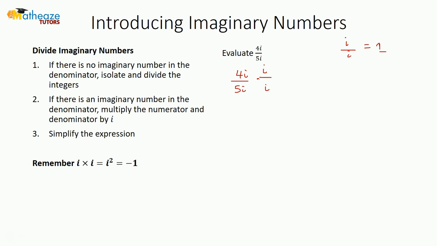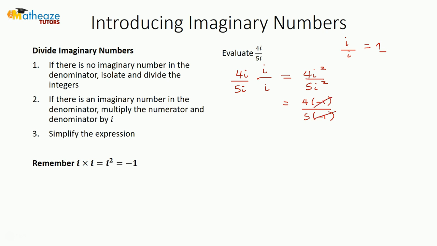So we're multiplying by i over i. The only reason for that is to get rid of the i from the denominator. We can have i in the numerator, but we cannot have an imaginary number in the denominator. So this is going to give us 4i squared divided by 5i squared, which is going to give us 4 times negative 1 divided by 5 times negative 1.